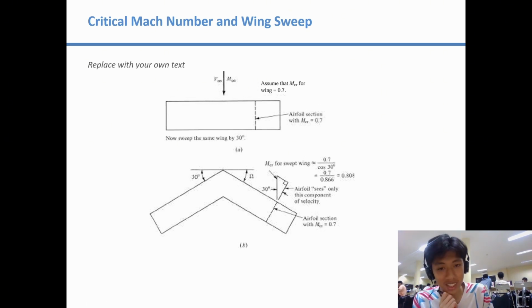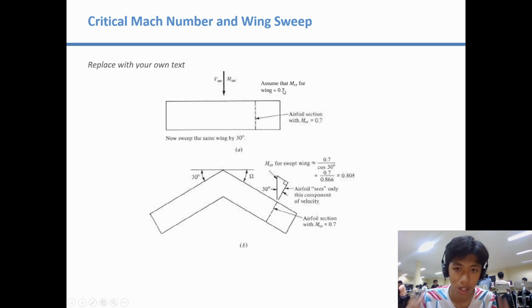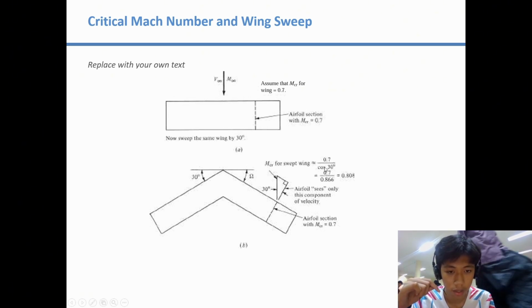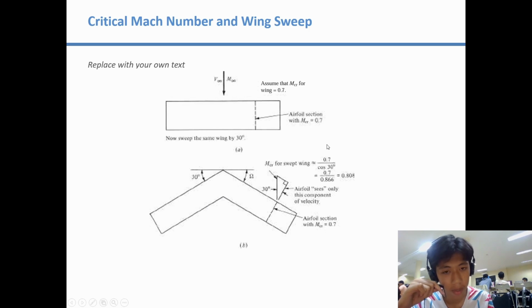You can fly faster. So, for example, in this wing, if you exceed Mach 0.7, there will be some problem happening to the aircraft. But if you have this kind of wing type, if you fly at Mach 0.7, there will be nothing happening yet. But if you fly at 0.8, for example, that is where the problem will start to happen.